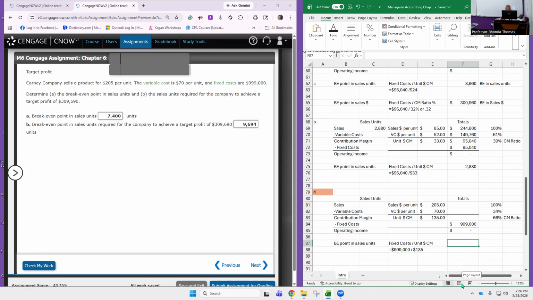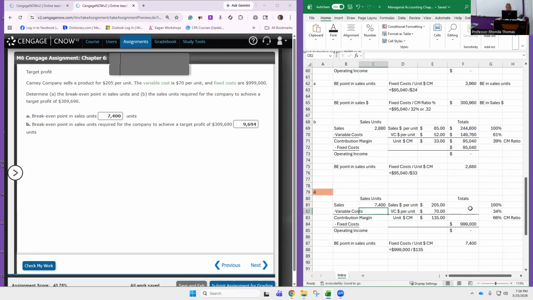So this is going to get us our break-even point in sales units. So we'll do the math. All right, so yes, 7,400, even though that was the number we had before, I just wanted to show you. Now, we're going to put 7,400 here.